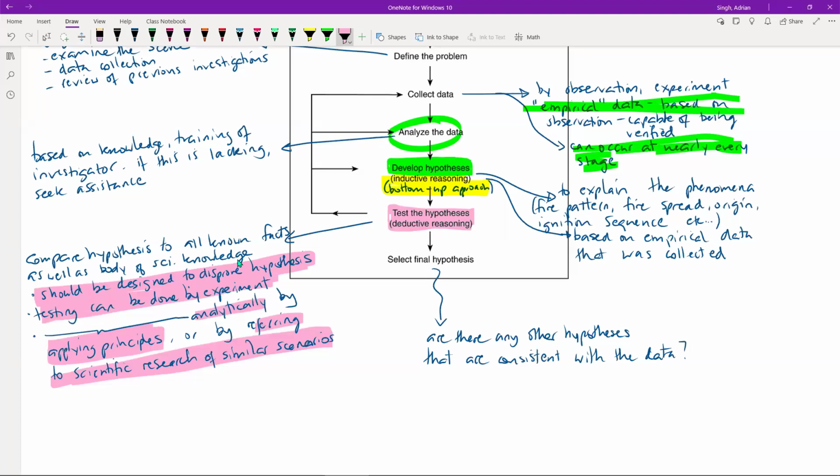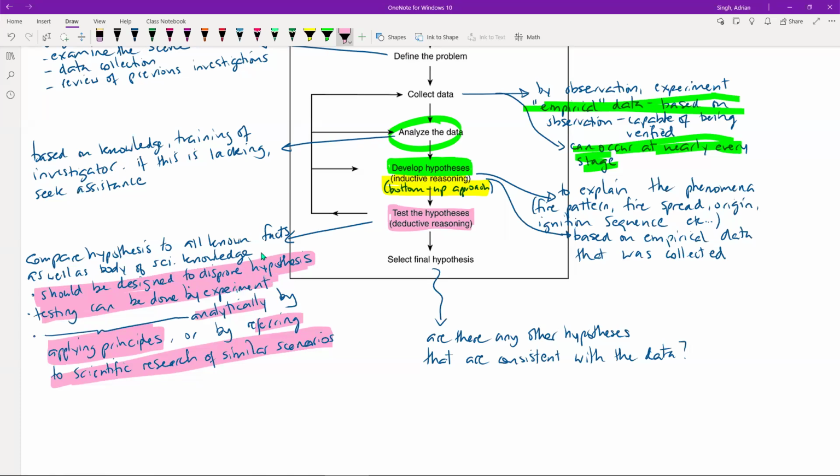We want to rule them out, in other words, as being possible causes of the fire, for instance. And we can test them by experimentation. We can test them analytically by applying principles, or we can test them by referring to the literature, to scientific research of similar scenarios.